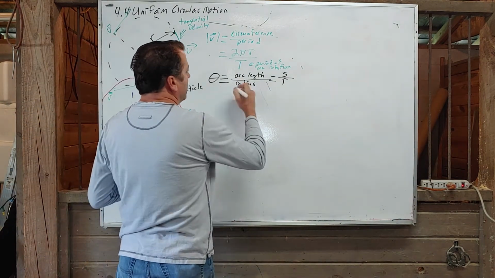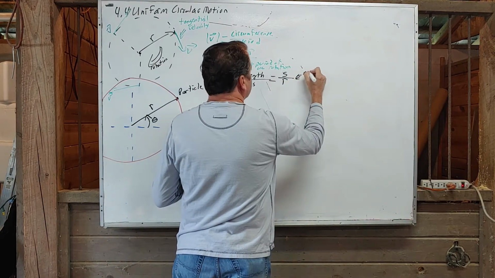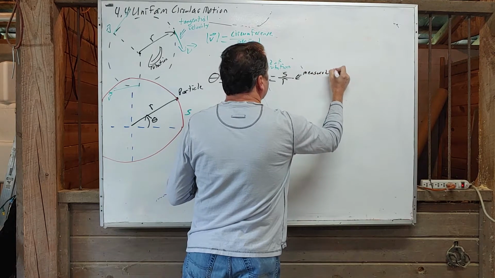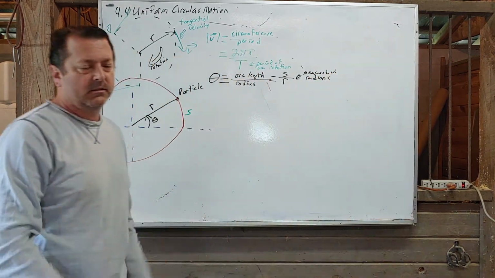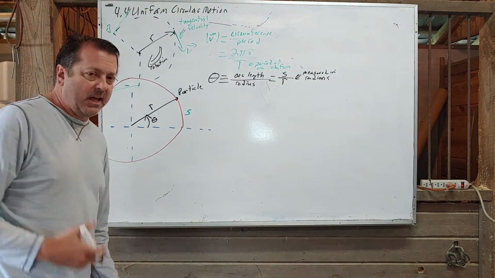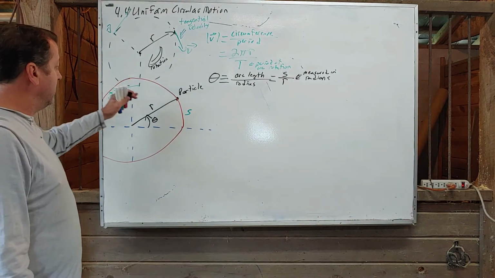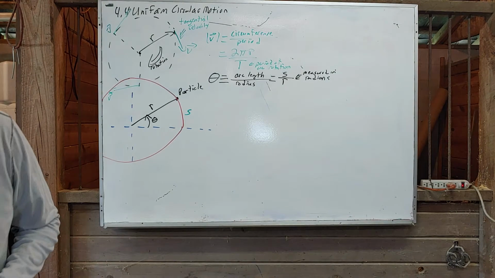And that angle then, in this case, is measured in radians. This is where the term radians comes from. It comes from the radius. All right? So theta, that angle that it's rotated, is defined as arc length over the radius. Okay?